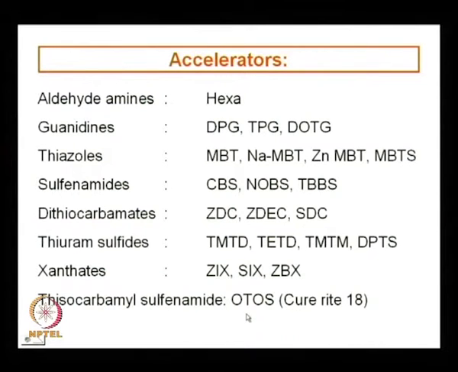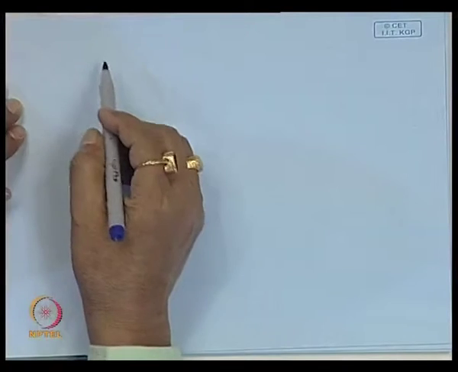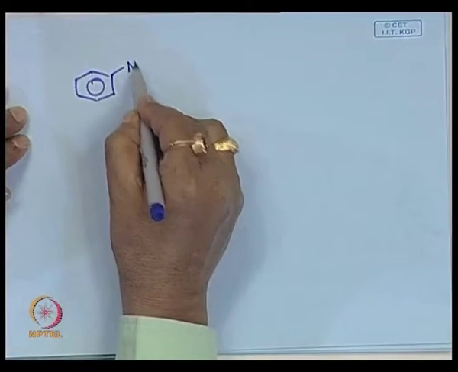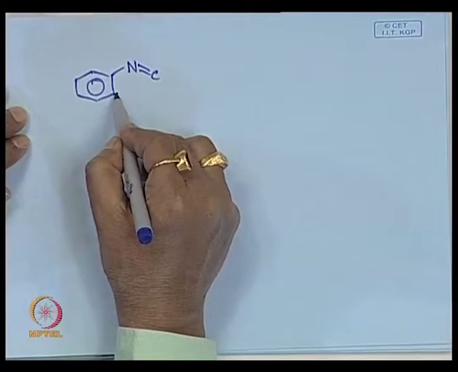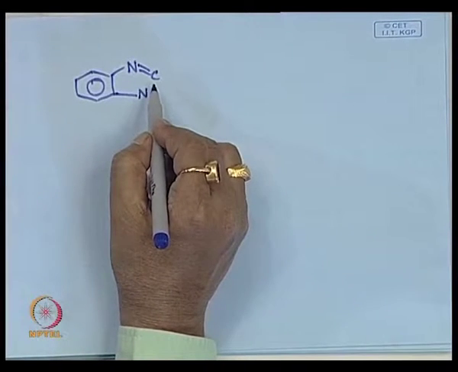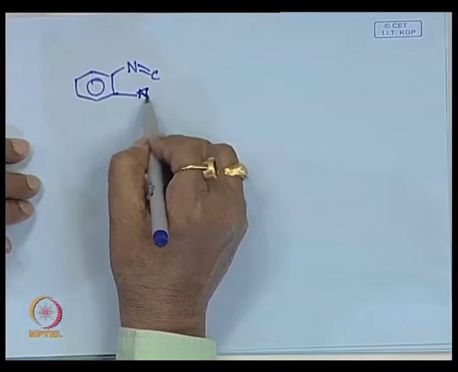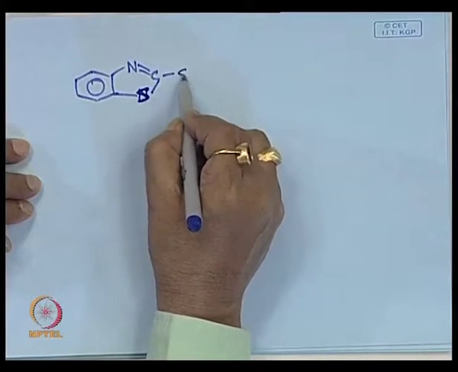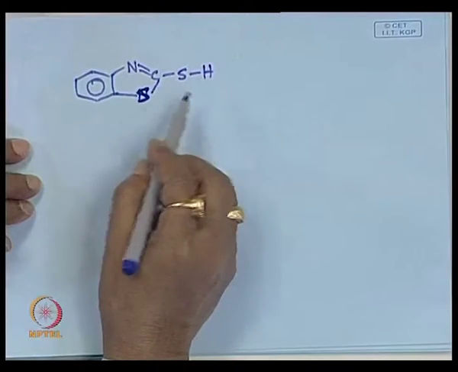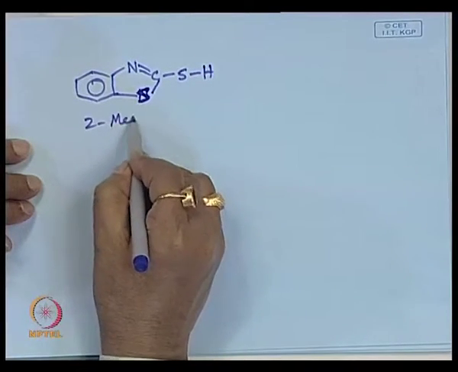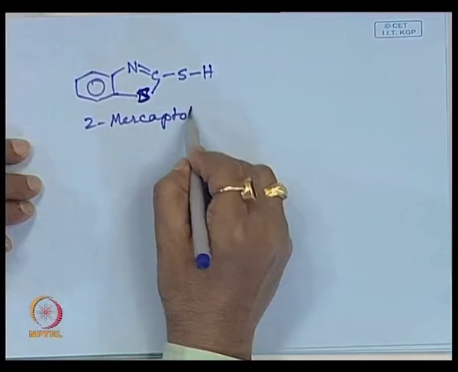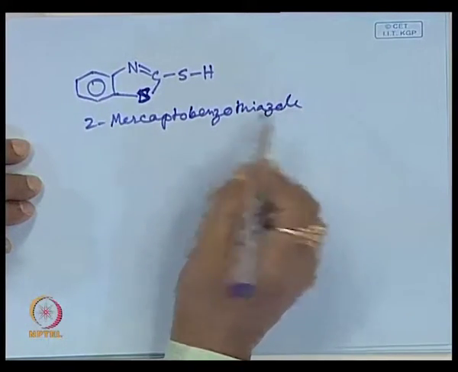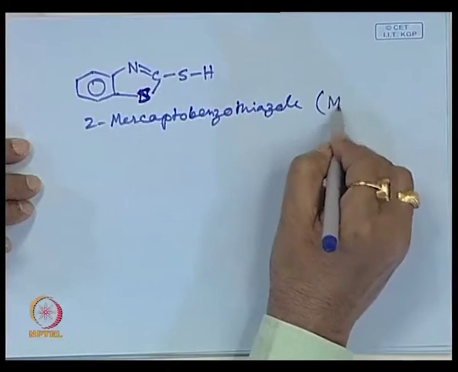Now, if I show you some formulas, say MBT. This is 2-mercaptobenzothiazole, known as MBT.